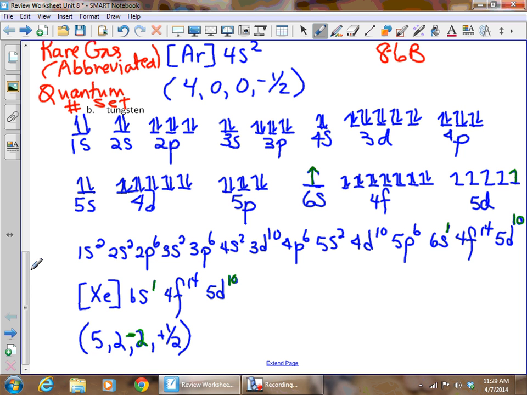So everywhere you see green here is someplace that you could get extra credit for. Now, if you left this one blank and you had 2 arrows in this one, you would have gotten full credit. If you had said this was 6S2, 5D9, you would have gotten full credit.